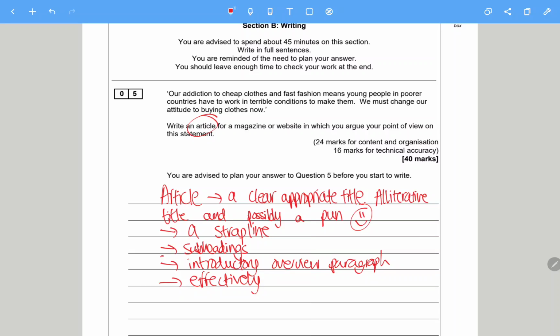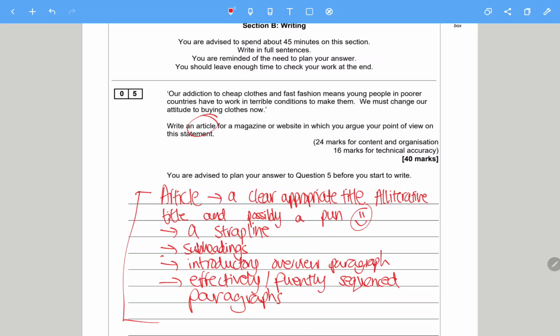So it's effectively written and it's fluently sequenced paragraphs. So what do we mean by that? So in simple terms, this means every paragraph that you write, they need to link with one another. So it needs to flow from paragraph 1 to paragraph 2, paragraph 3, etc. Now, this is what you need to include when writing an article. So you can take a screenshot of this or make notes as we go through the presentation, but this is what you need to do when writing an article.